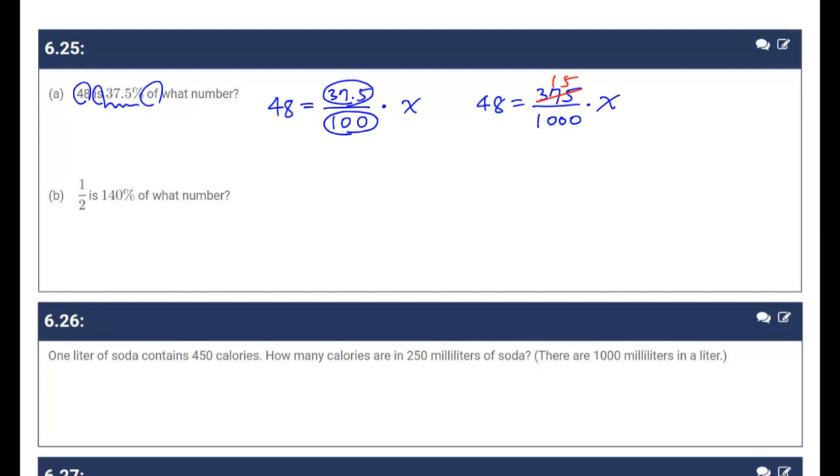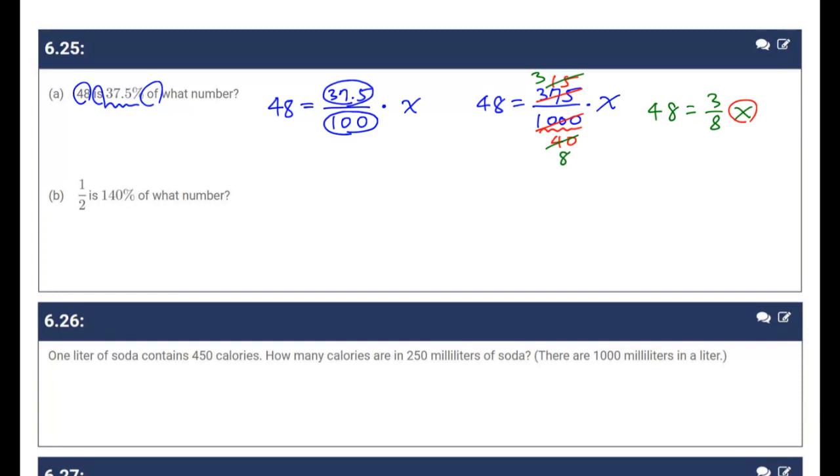Now, 1000 cents, which is $10. Well, each dollar has 4 quarters, so $10 should be 40 quarters, right? And they happen to reduce again because 5 goes into 15 3 times, 5 goes to 40 8 times. So far we have 48 equals 3 over 8x. Now I need to find x alone, right?